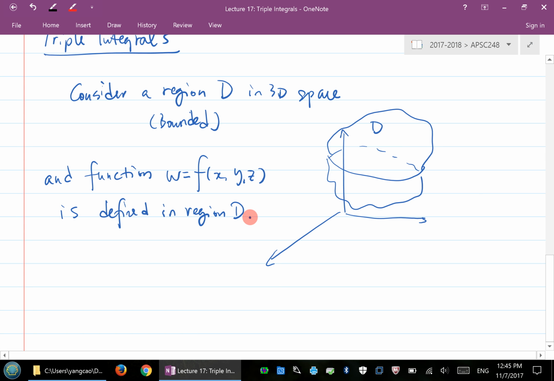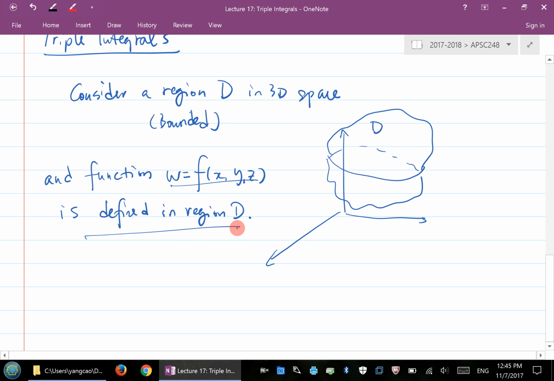What does it mean that this function is defined in the region D? Anybody? Like the only place that it exists is in the region? Not quite. Yes, for every point in region D, it has a defined value.